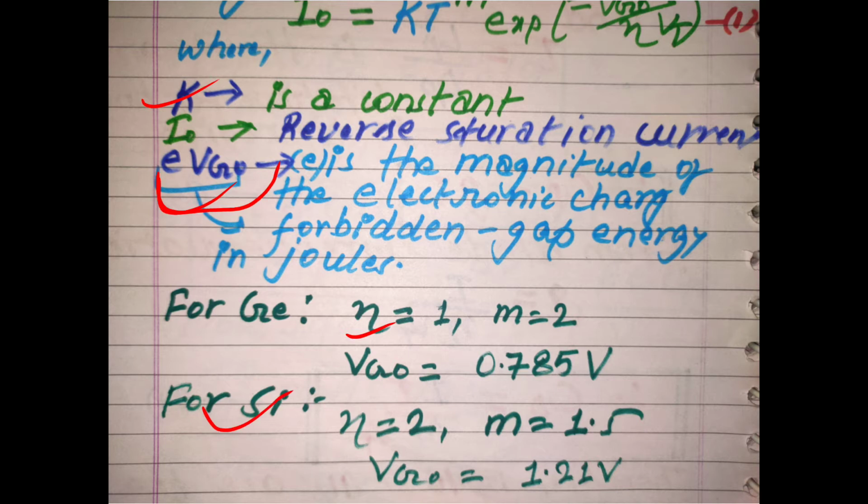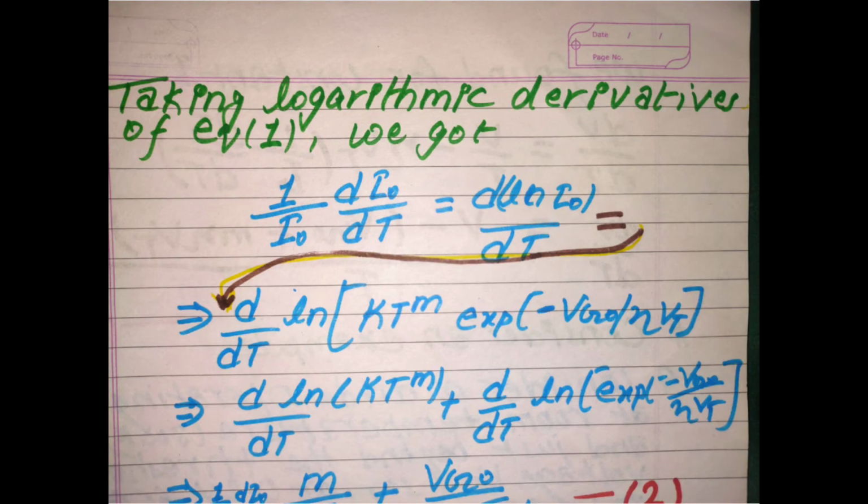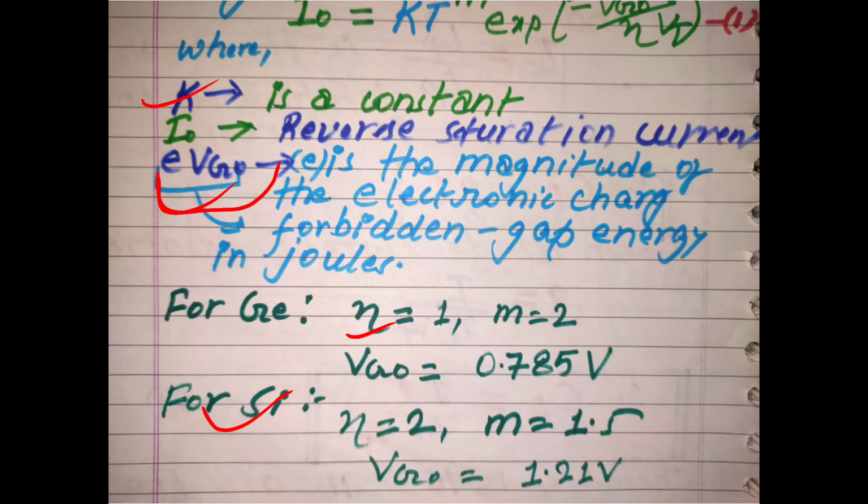And for silicon, eta is equal to 2, m is equal to 1.5, and Vg naught is equal to 1.21 volt.